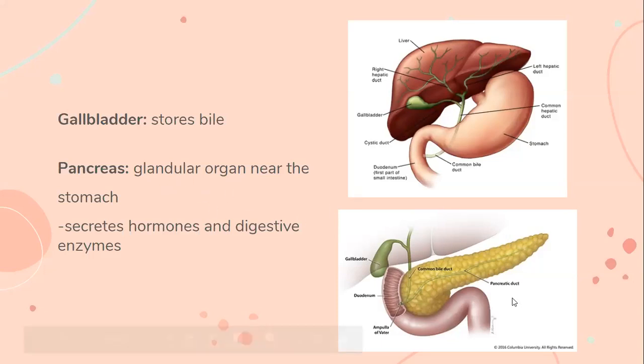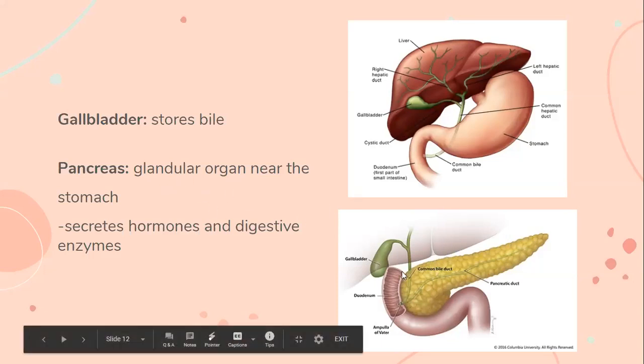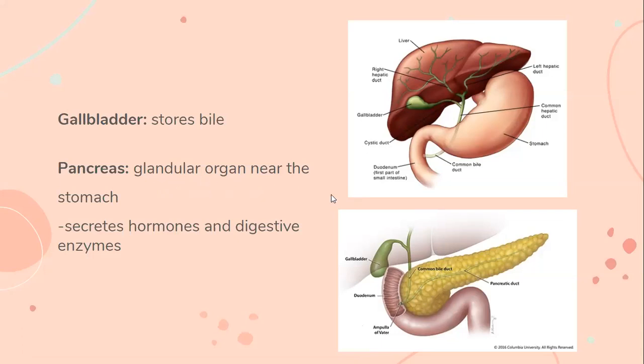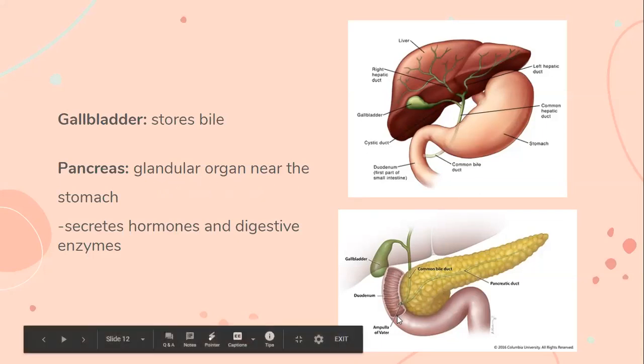And then we've got the pancreas, which looks like corn on the cob here. It looks like a giant nose-looking thing. It's very long, like a ball shape that then extends out. It's a glandular organ near the stomach, actually right below the stomach. This is the duodenum, which is the beginning of the small intestine.